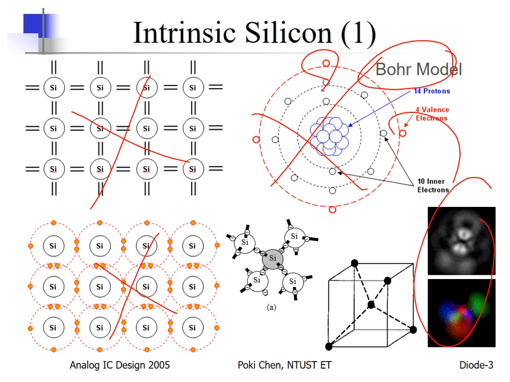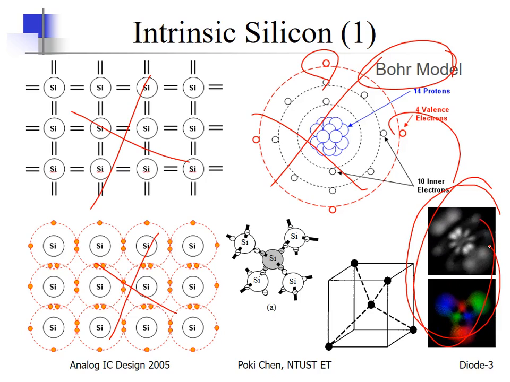Actually, it is very hard to predict the position of the electrons. According to quantum physics, we can only get the probability distribution of where it will show up. The brightest area means more probability.